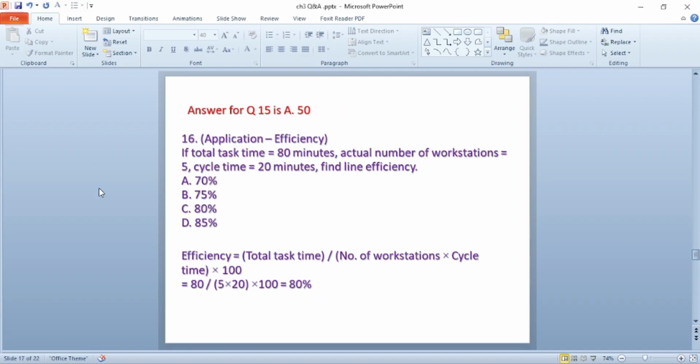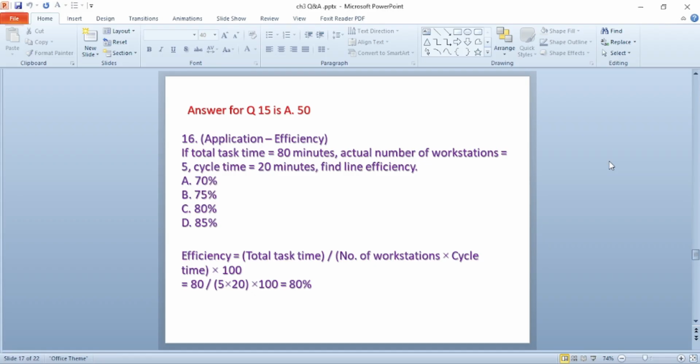Question number 16. If total task time is 80 minutes, the actual number of workstations is 5, and cycle time is 20 minutes, find the efficiency. Efficiency is equal to total task time divided by number of workstations times cycle time, times 100.